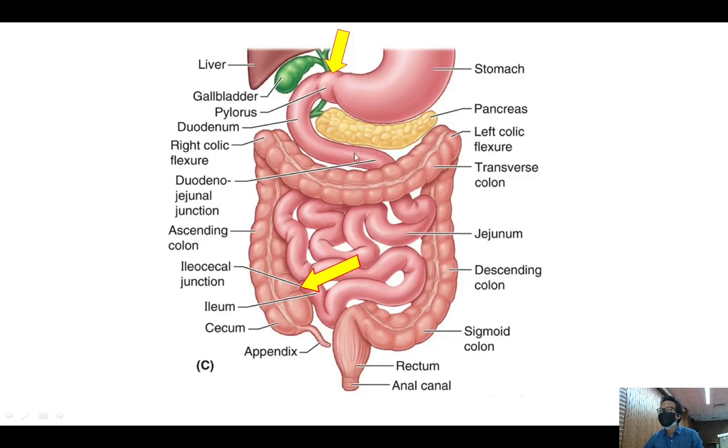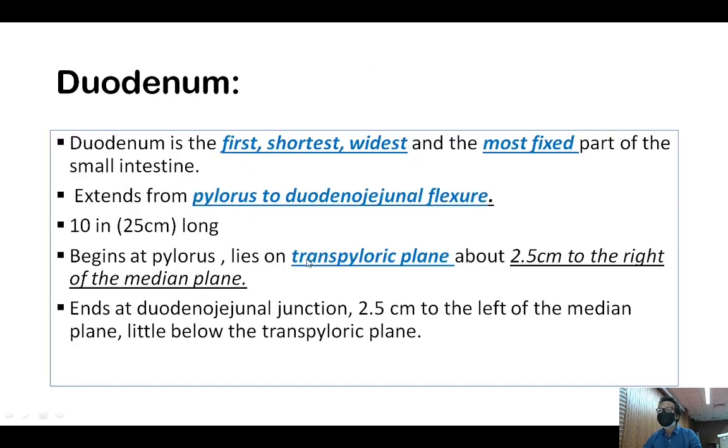It's called duodenojejunal flexure because it has a band over here. It has a band, okay, and this band is at the junction of duodenum and jejunum. So that's why it's called duodenojejunal junction. So duodenum extends from pylorus to the duodenojejunal junction.